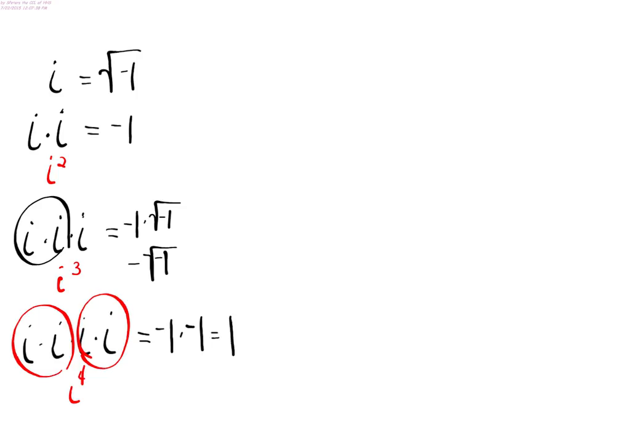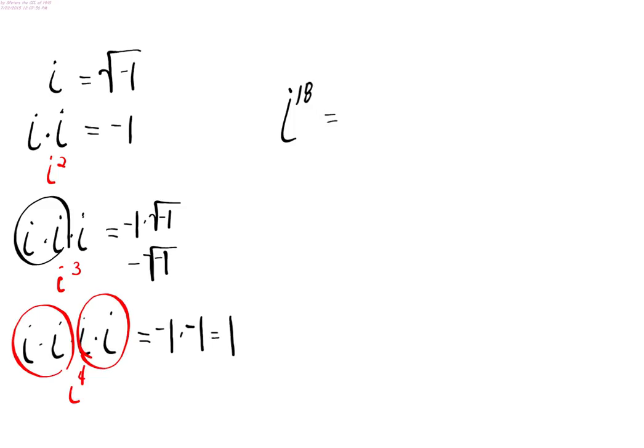So when I'm looking at imaginary numbers and I want to simplify my i's, like i to the, oh, I don't know, 18, I need to know how many perfect i to the 4th powers there are.